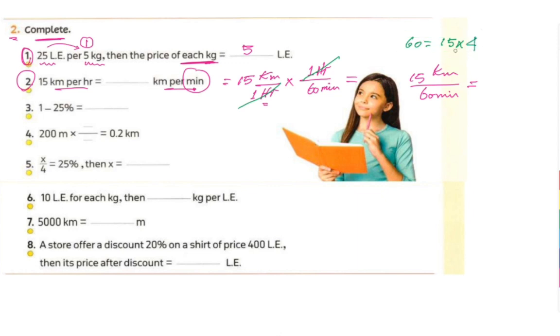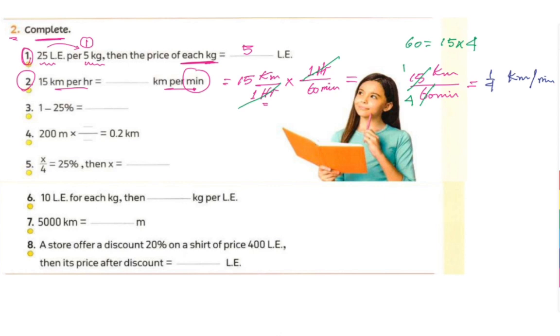Why? 2 times 15 equals 30, and 2 times 30 equals 60. So dividing by 15, the right result is 1 over 4. 1 over 4 what? Kilometer per minute.